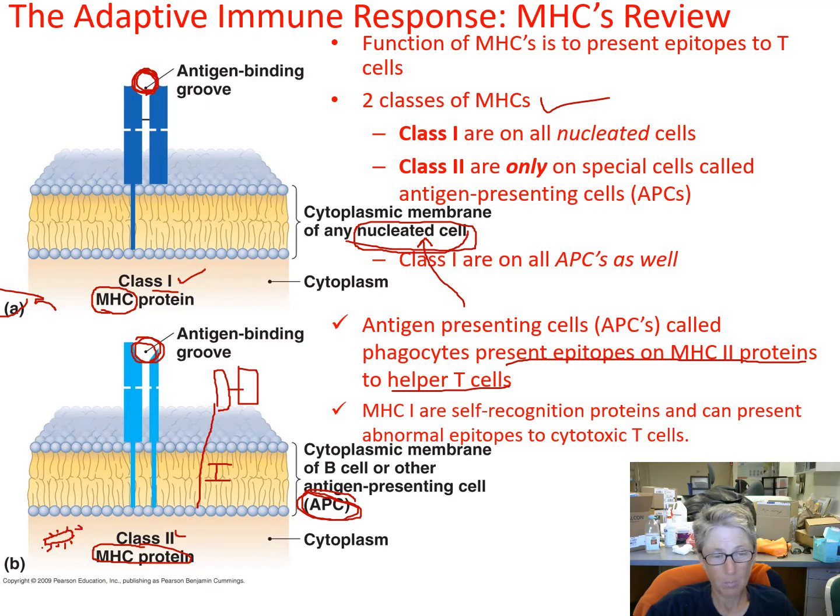So this guy got chopped up, and his or hers antigen epitope can get presented in this MHC2 complex, and the antigen/epitope will be presented to a helper T cell, and the helper T cell will recognize the antigen epitope with its helper T cell receptor.